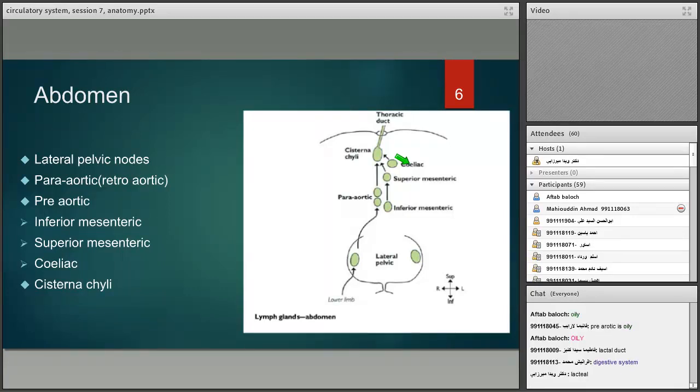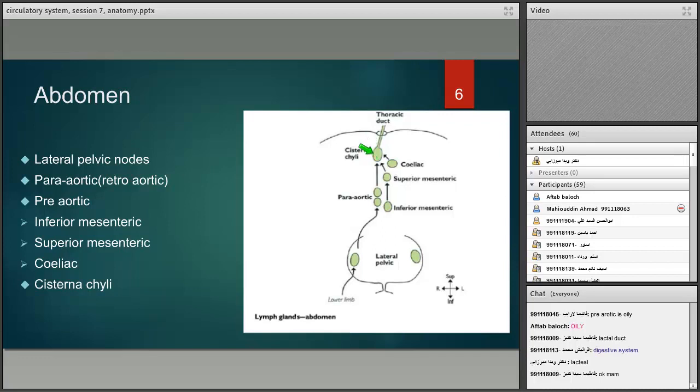Okay? So, after receiving the pre-aortic and para-aortic ducts, these ducts will drain into a place which is called cisterna chyli.